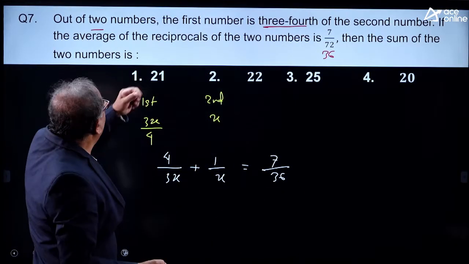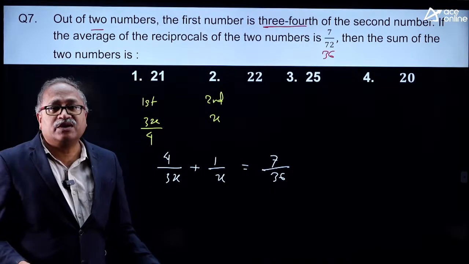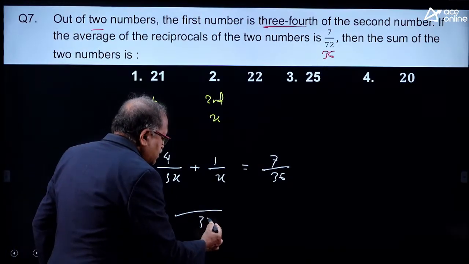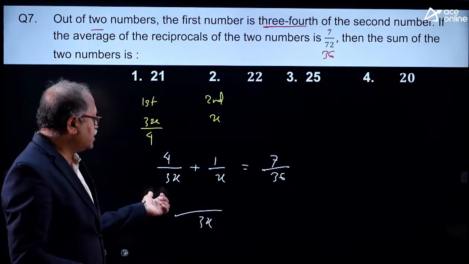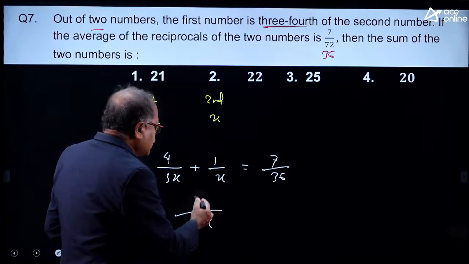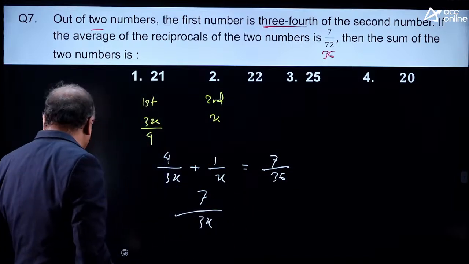The rest of the part is very simple. Find the sum of the numbers. By solving the equation you get the number. I notice that the LCM is 3x and the sum over here is 4 plus 3, that is 7. So, 7 by 3x is equal to 7 by 36.